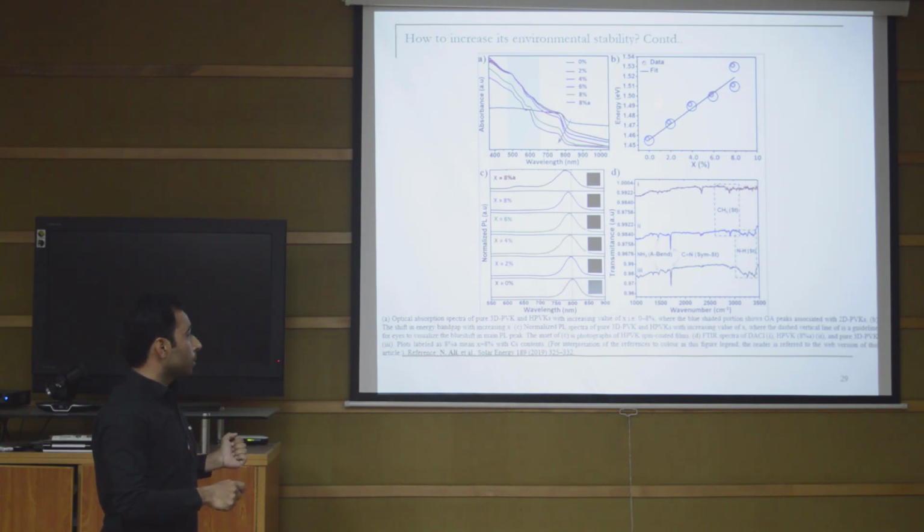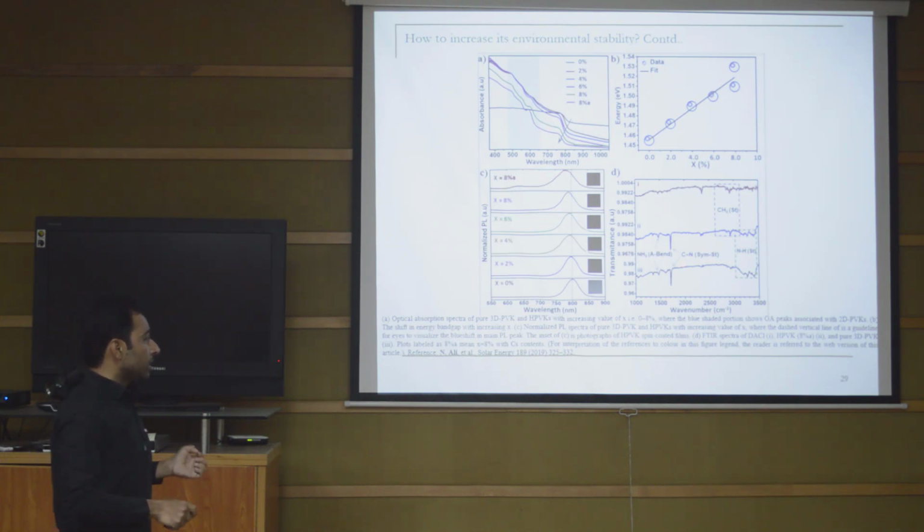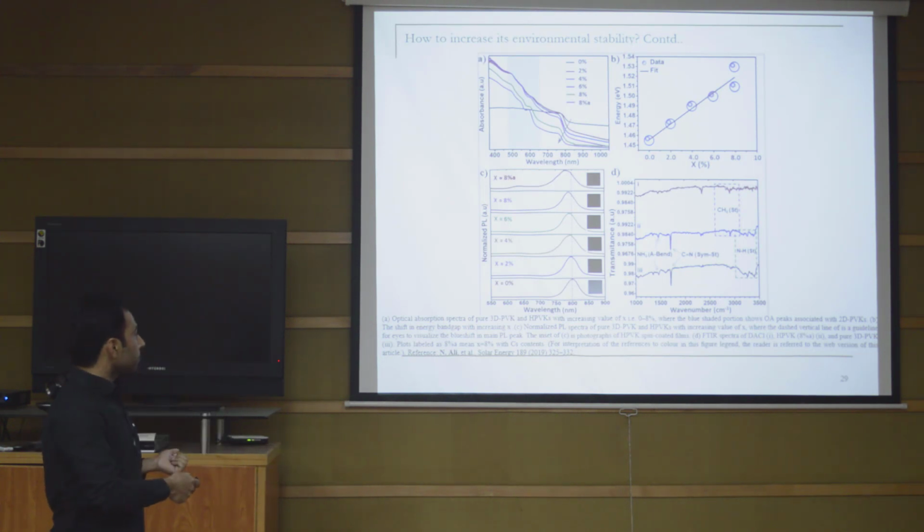We also observed that the band gap can be changed with the increasing concentration of some molecular or 2D material, and also the PL spectra is changing. Not only is the intensity increasing, but also the PL peak is shifting towards higher energy, and the existence of the 2D perovskite can be confirmed just by using the FTIR measurement.